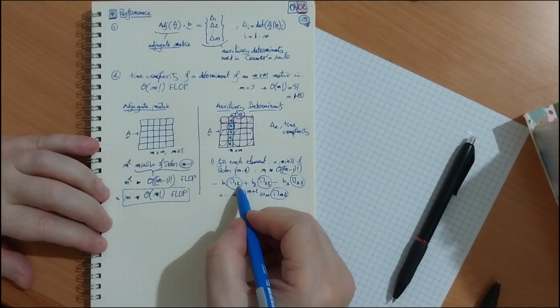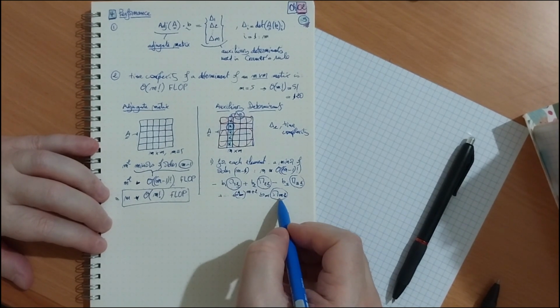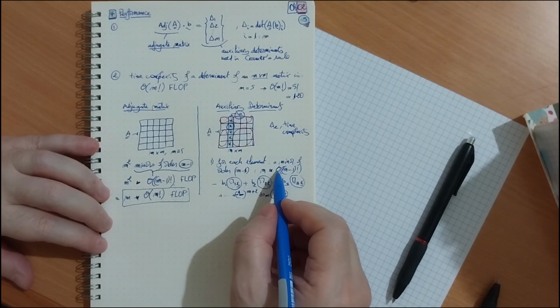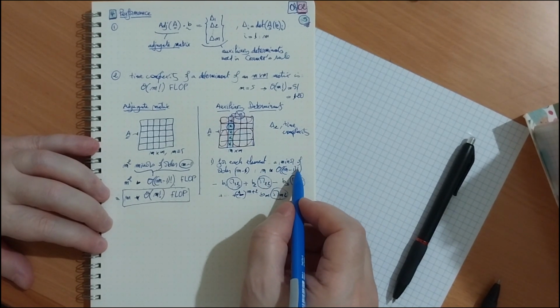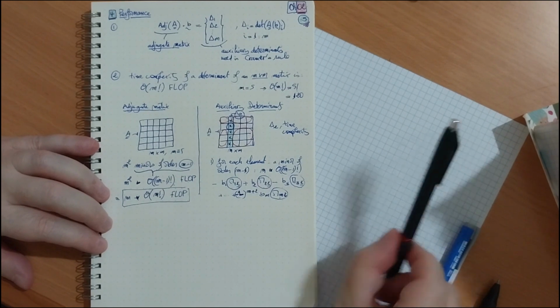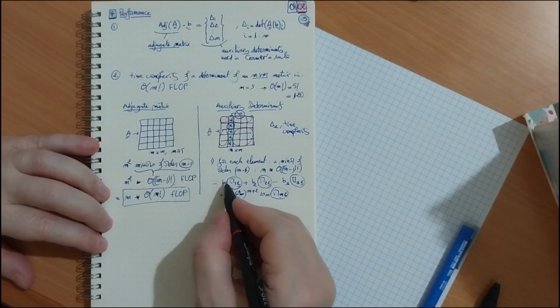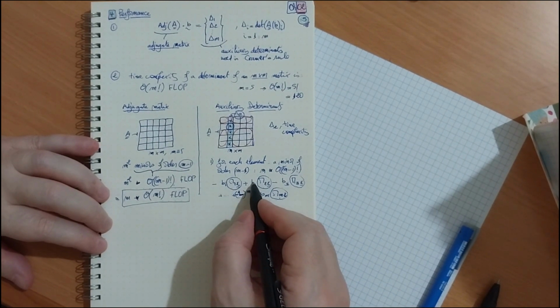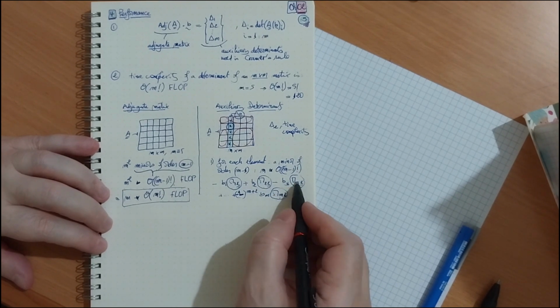We have seen the time complexity of each minor, and we calculated it's m times O of (m-1) factorial. But we have to do multiplication here: the element times the minor, and so on.